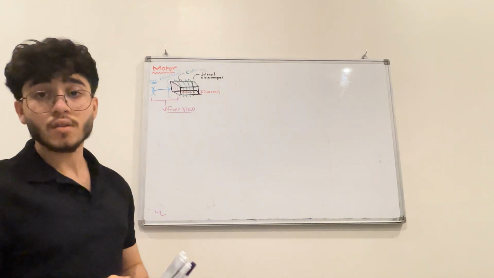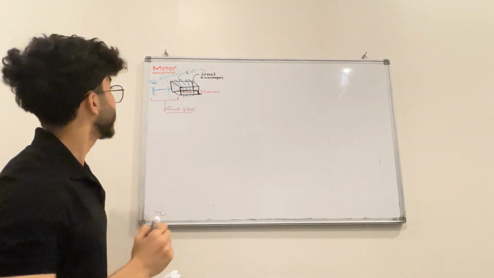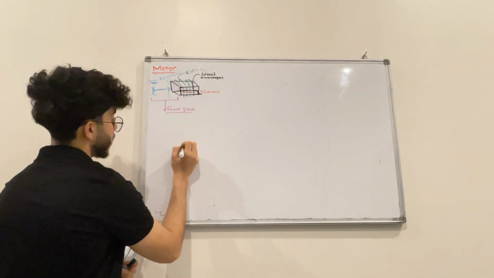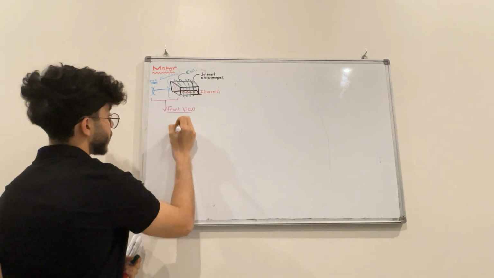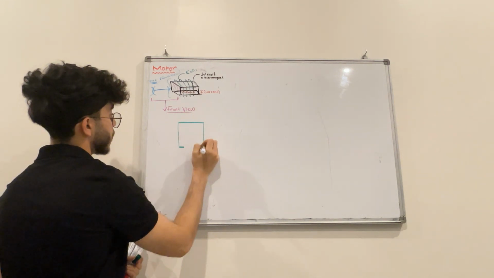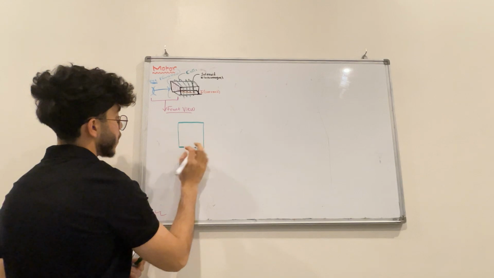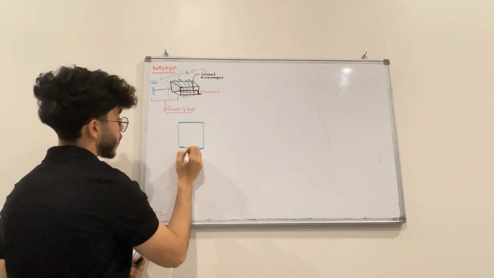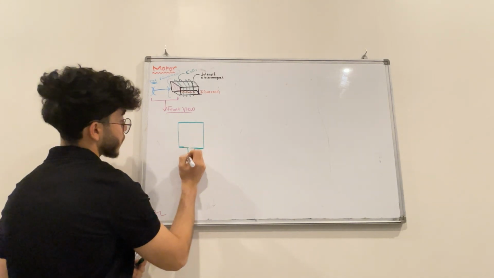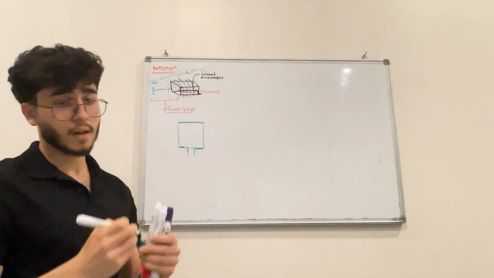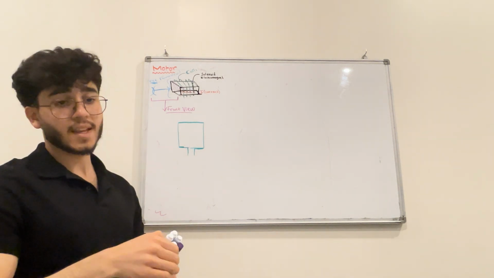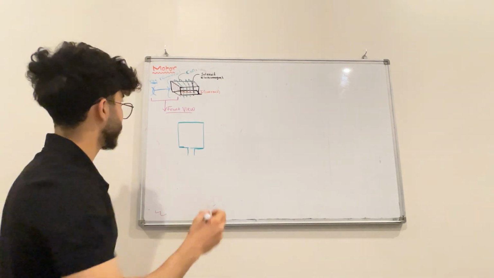We said the green one is the coil. So the green one over here, it is the coil. In the green one, we said there is the red current, which we represented.